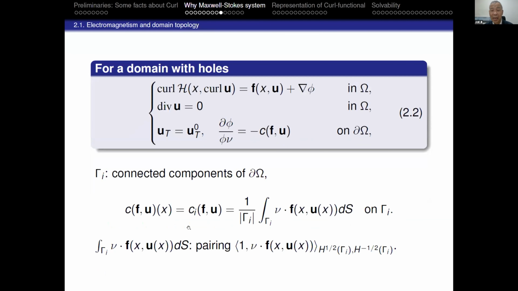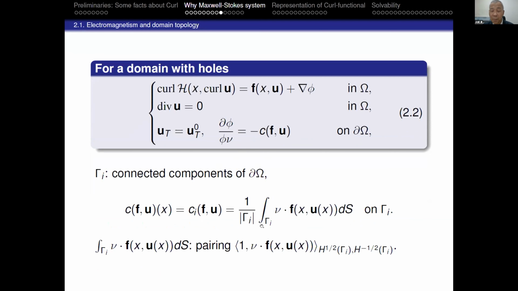But if the domain has holes, the Dirichlet boundary condition for phi is not good. Instead, we need to have a Neumann condition for phi, and the right side, minus c(F,U), is a piecewise constant function. It is defined in this way. Γ_i is a connected component of the boundary ∂Ω.